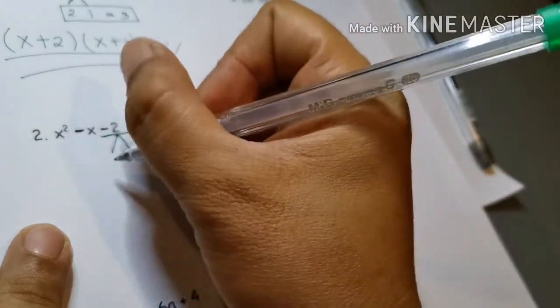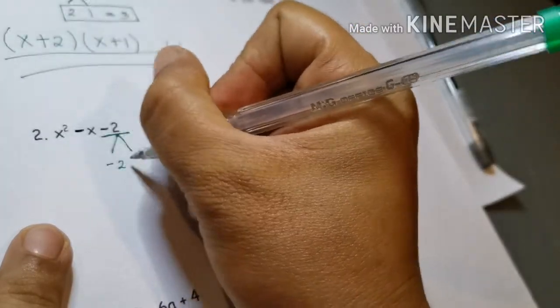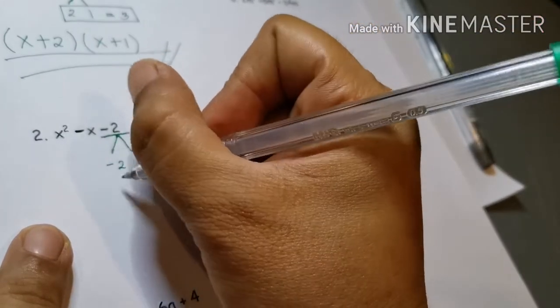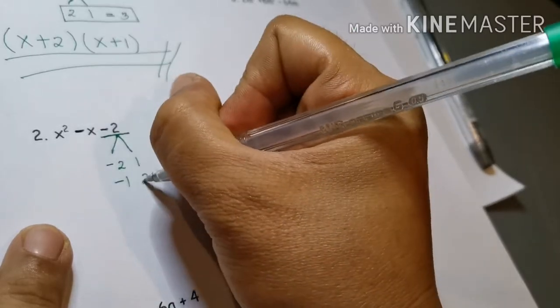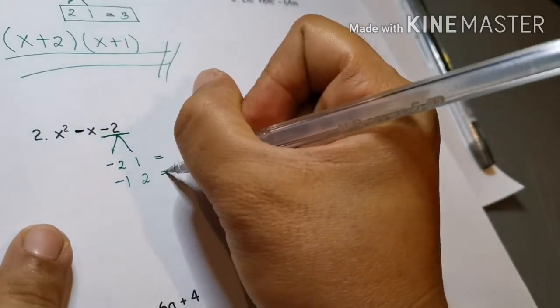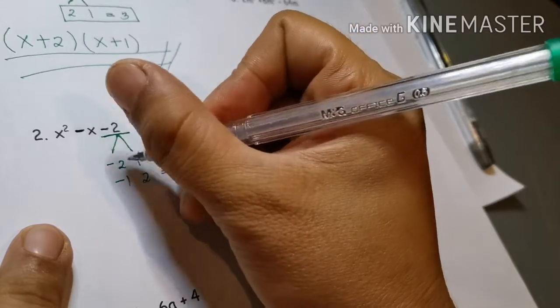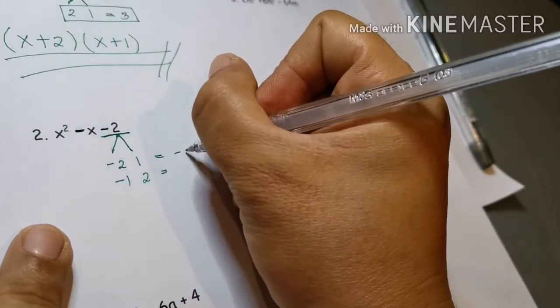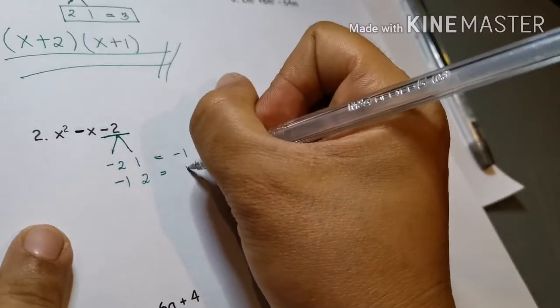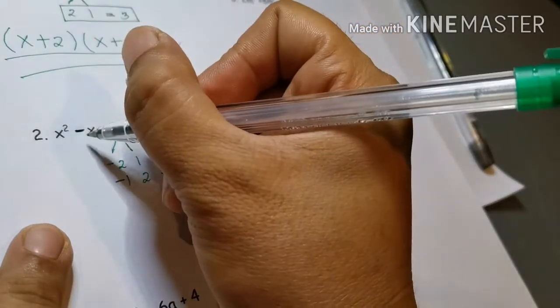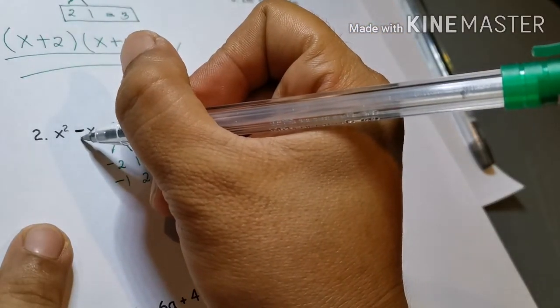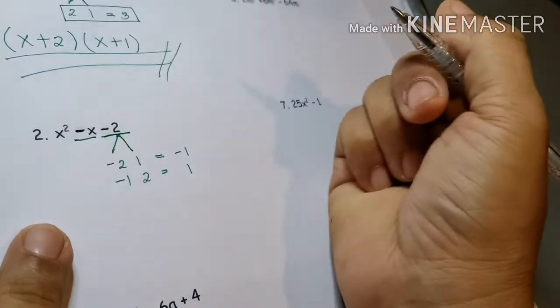Okay, so look at this. If we have negative 2 and positive 1, and we also have negative 1 and positive 2, and we are going to add these 2 factors, here we will get negative 1, and here we will get positive 1. But then the coefficient of our middle term is negative 1.